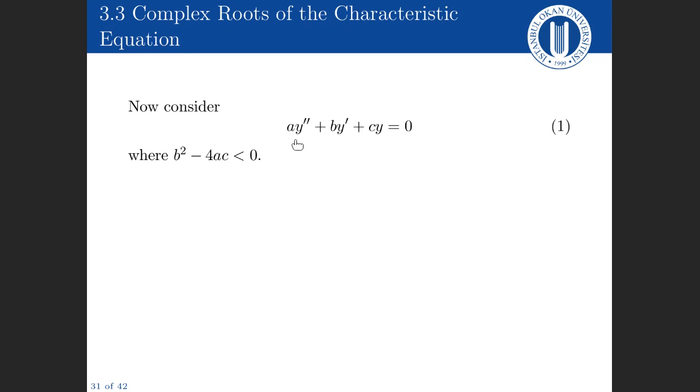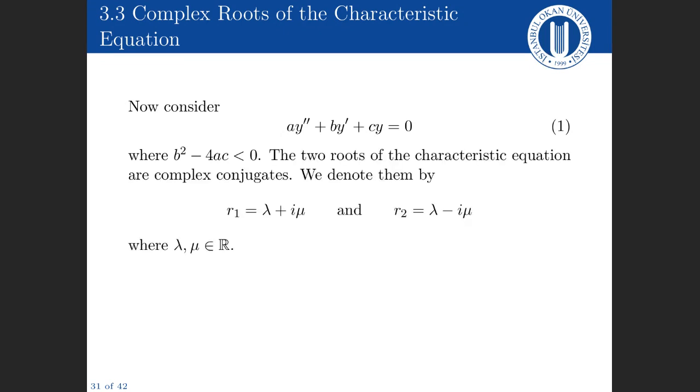And now we're going to suppose that we're in case 2. We're going to suppose that b squared minus 4ac is strictly less than 0. That's going to give us complex roots of the characteristic equation. In fact, the two roots of the characteristic equation are going to be complex conjugates.